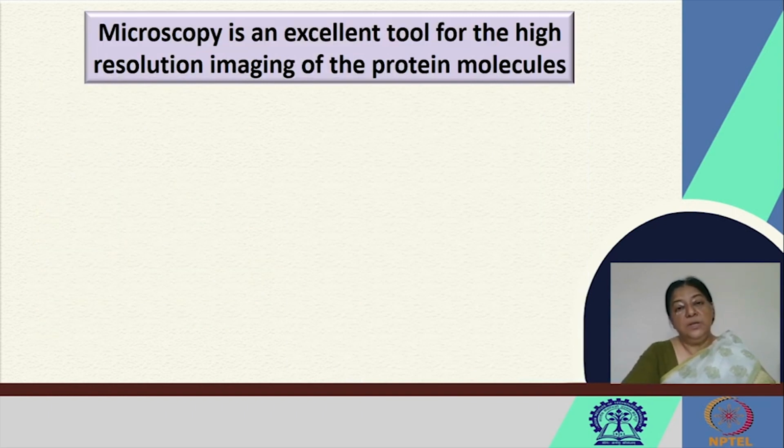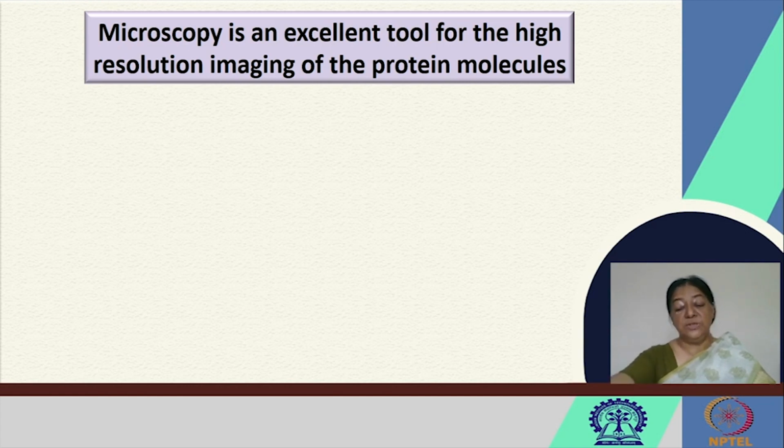Another very commonly used technique is microscopy. Microscopy is a very important tool for the high resolution imaging of protein molecules. For example, in many research labs around the world today, they use cryo-electron microscopy, a relatively new method, to find out the structures of protein molecules.